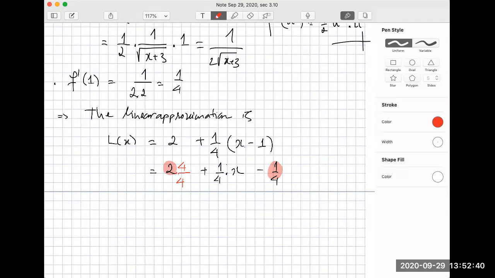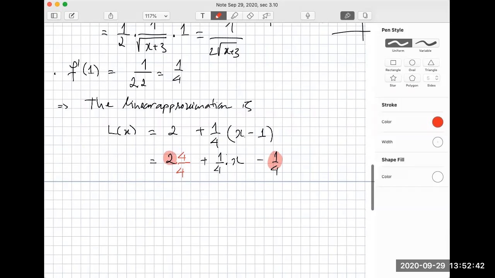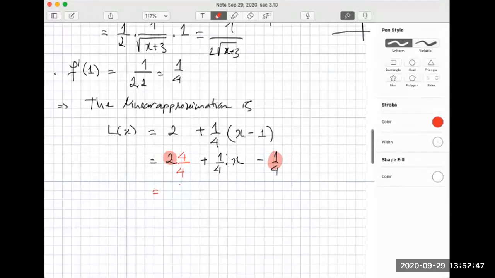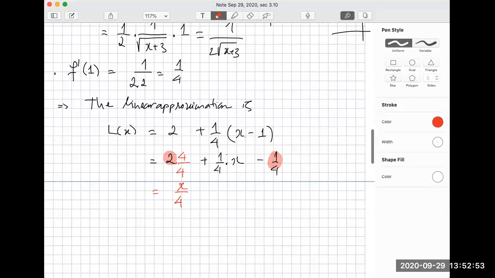And this 1 over 4 times x, or x over 4, it is the same thing, right? And the number here, as we mentioned, is 7 over 4. This is the linear approximation of the function f of x equals square root of x plus 3 at the point x equal to 1.